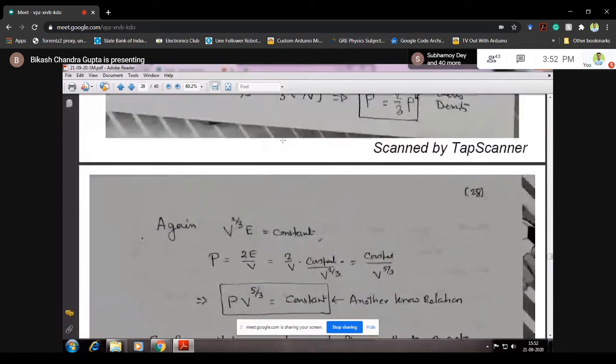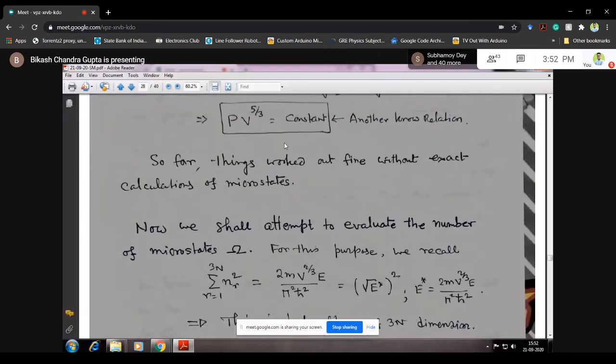We did not calculate the exact number of microstates, but from the relations among the quantities that are incorporated in the equation, from which we can calculate the exact number of microstates, and hence the entropy, we could produce so many existing and well accepted relations of a gas.